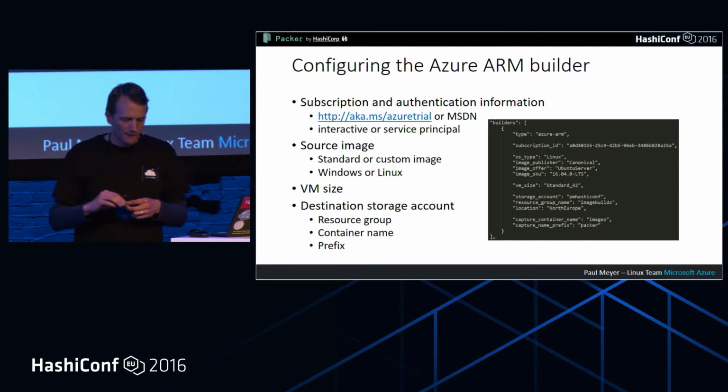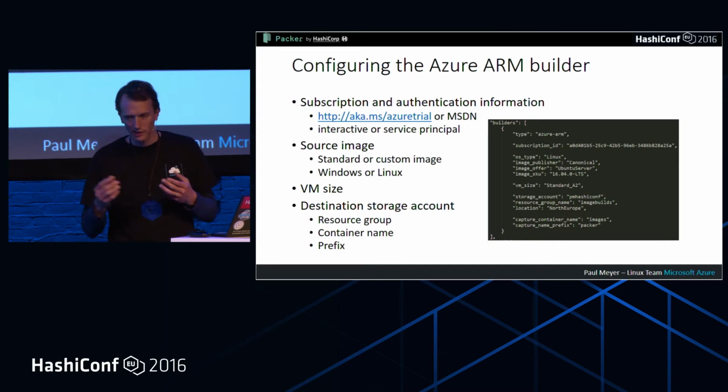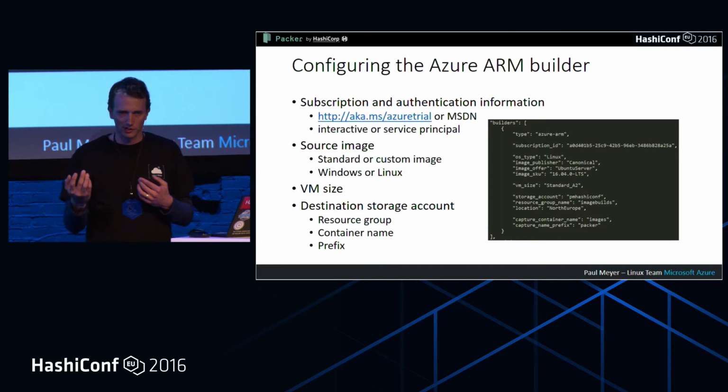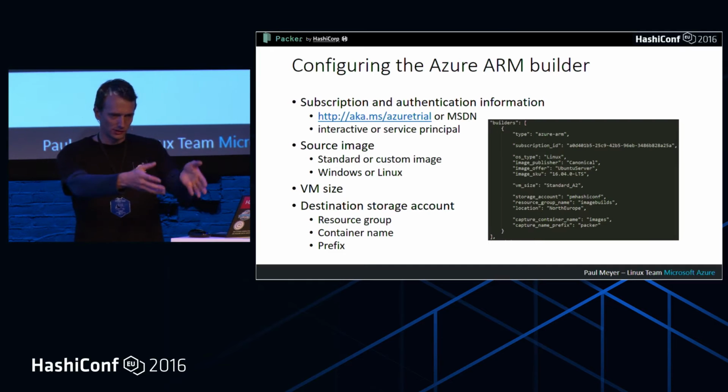So the second thing you will need is a source image. This can be a standard image, so from our gallery or marketplace. Or it can be a custom image, so you could also give it a URL to a virtual hard disk that you already have, something that you would like to continue. So in our case, for example, we would bake an image, and HDInsight would say, oh, but we still need all this Hadoop stuff on there.